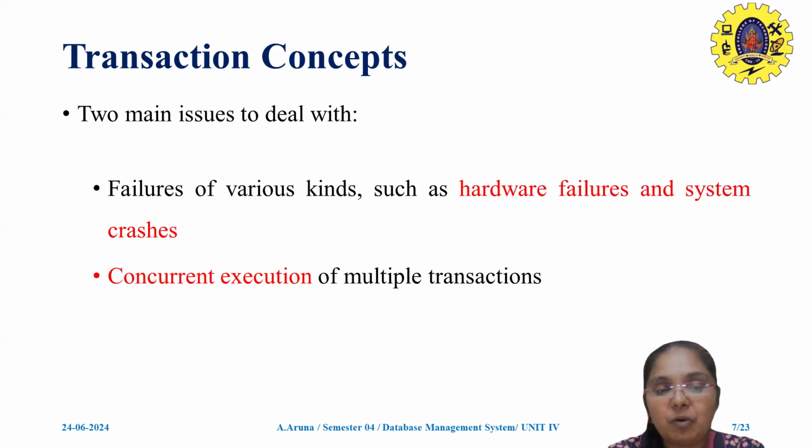That particular concept is what we call concurrent execution. More transactions can be done at the same time. So these are the two major issues that can arise while dealing with the transactional concept.